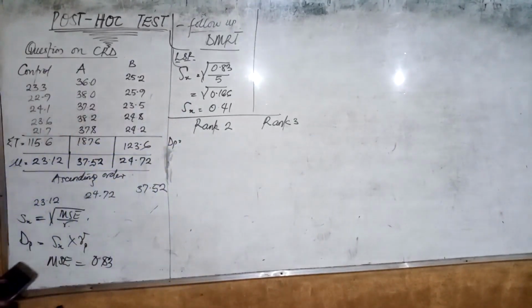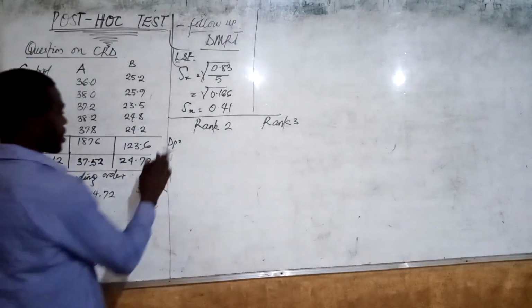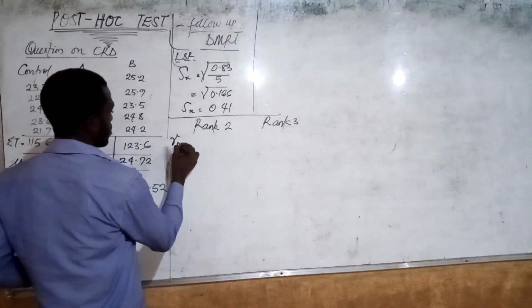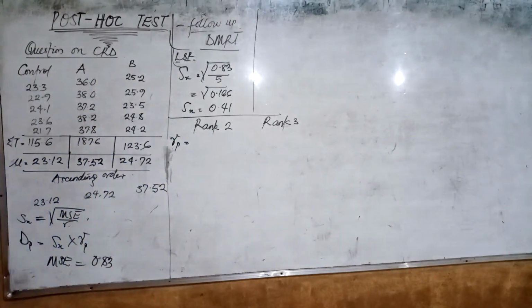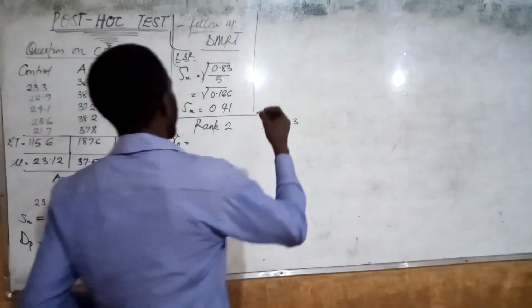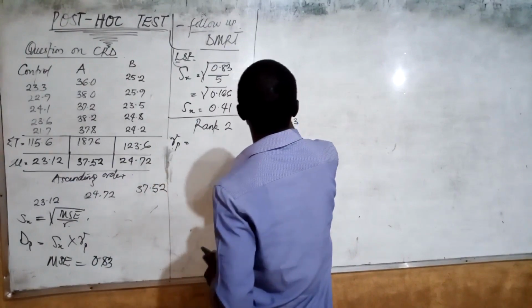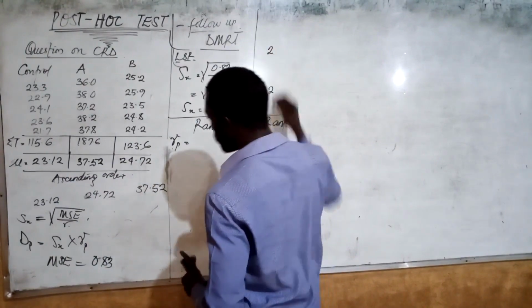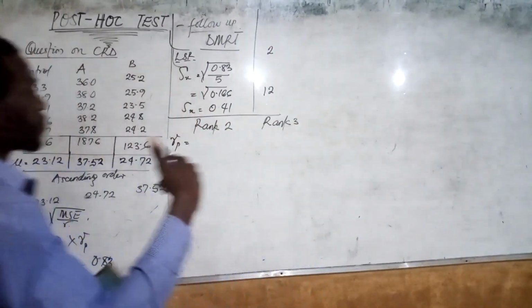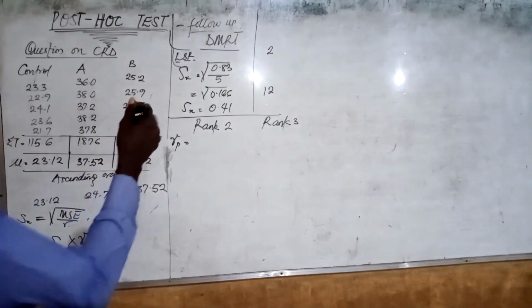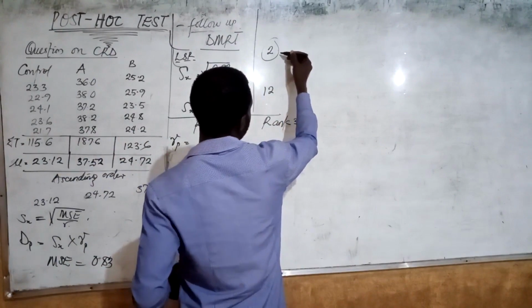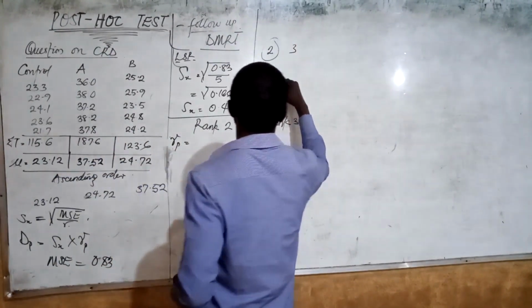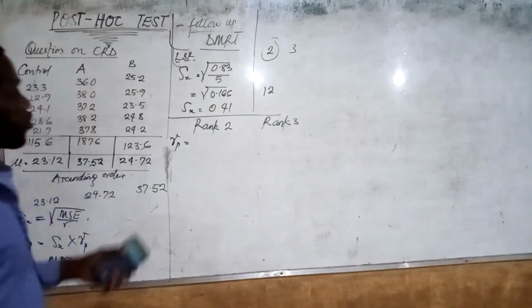For the first rank, the RP is going to be 3 points. The error we are checking for is 12 under 2. Then we'll increase the treatment DF and go to 12 under 3.